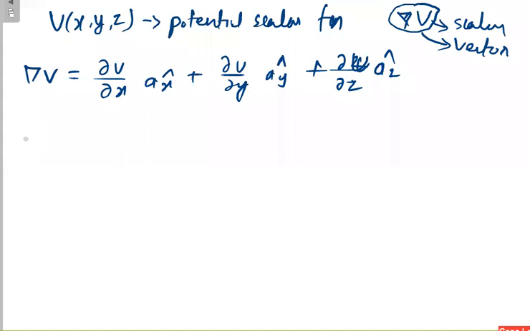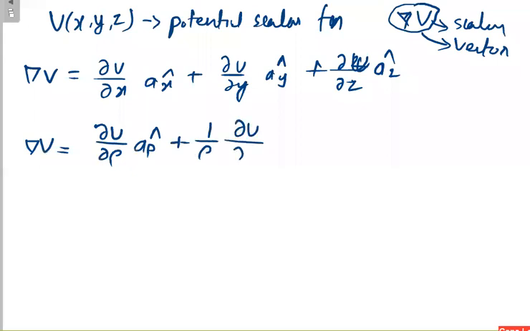Next, if you write it for the cylindrical coordinate system: dv divided by d rho, a rho cap, 1 by rho, dv divided by d phi, a phi cap, dv divided by dz, a z cap.